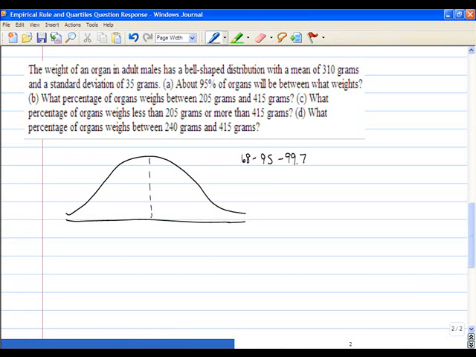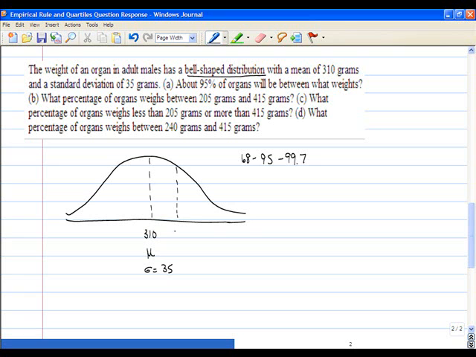Alright, with our data here, it says the weight of an organ in adult males has a bell-shaped distribution, which has to be true or we can't apply this rule, with a mean of 310 grams. Standard deviation of 35.